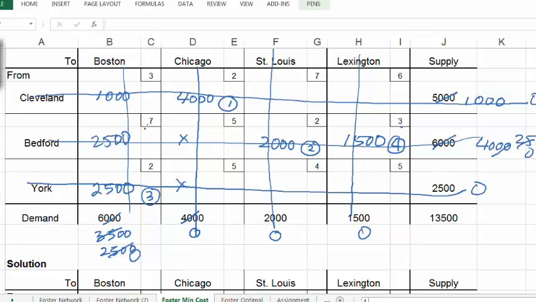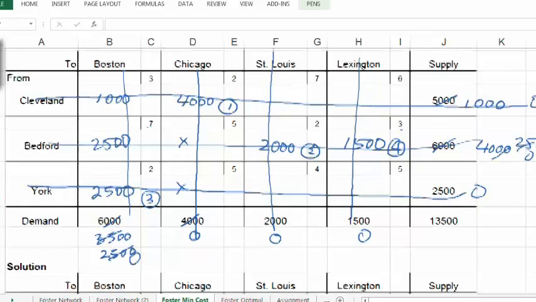But if you don't have a way to actually find the best solution, this method is a very good method, and it's easy to understand, and it follows a logical sequence of steps.